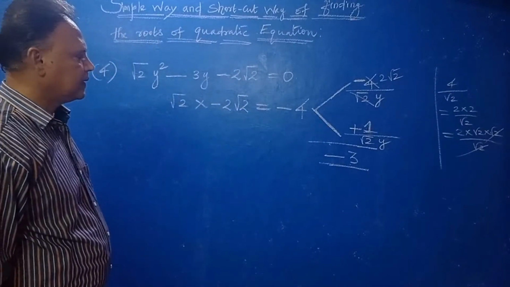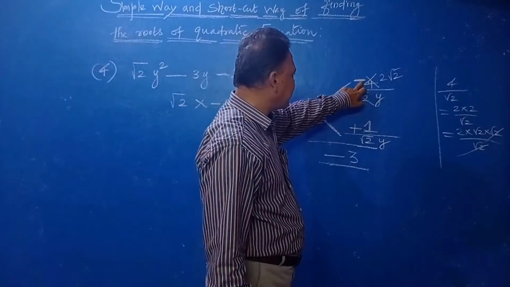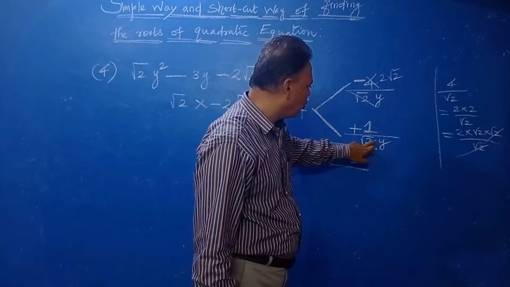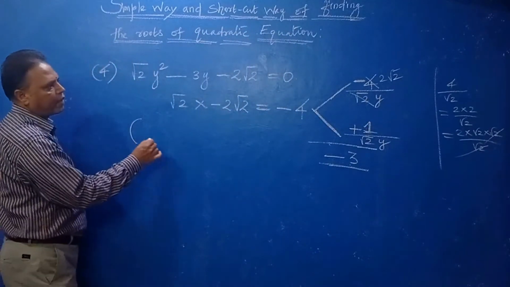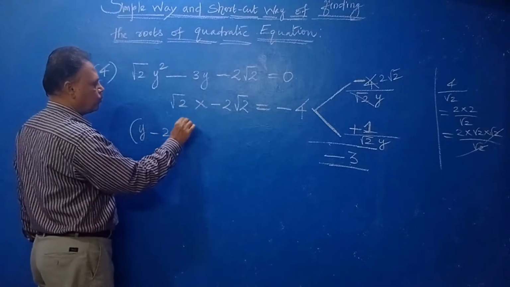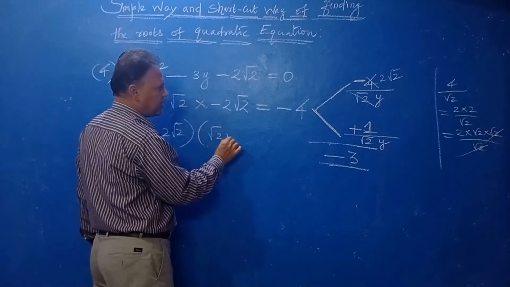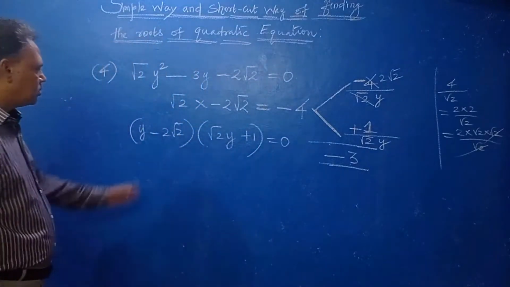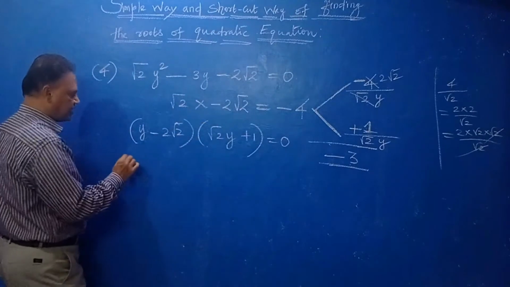Understand? That's all. Now easily you can write the factors. Using y minus 2 root 2 is one factor. Another factor is root 2 y plus 1. Two factors easily we get. Therefore, you make both the factors 0.